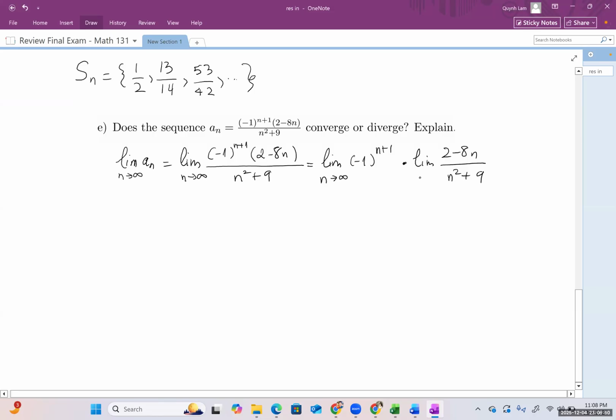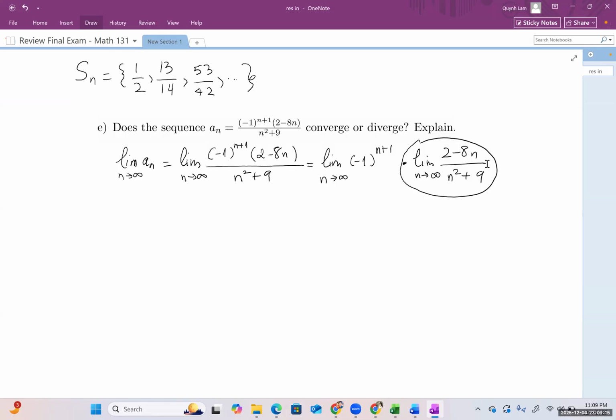And if you prove that this guy becomes 0, then you don't care about the left-hand side, right? Because the left side can be just -1 or 1. If you use calculus or pre-calculus for this part, you should know it's supposed to equal 0.